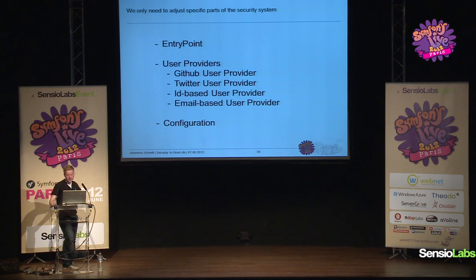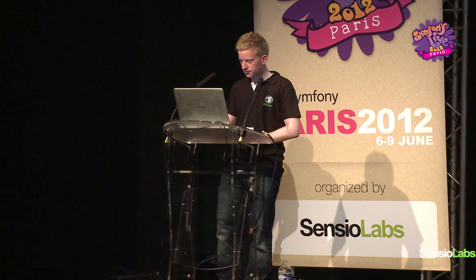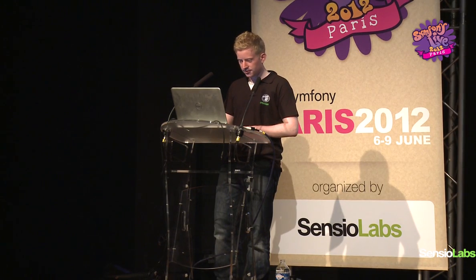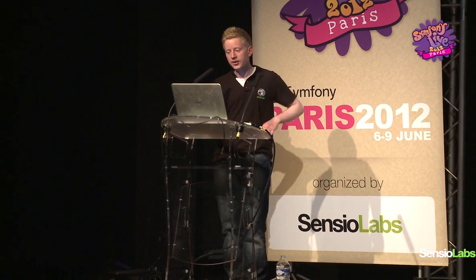Now, we need to change a bit more classes here. We change the entry point, and we change different user providers. We're going to look at actual code here. Let's start with the entry point.